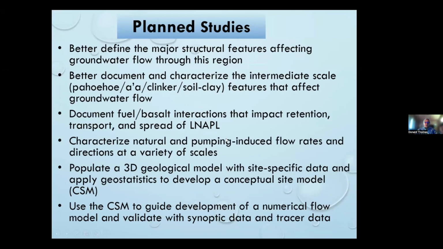So Bob has talked about data that we all have gathered over the last several years to better understand this system, but as he has said many times, there is still a great deal more that we need to do and to learn about this entire system before we'll be able to accurately estimate risks associated with releases of contaminants into the groundwater here.